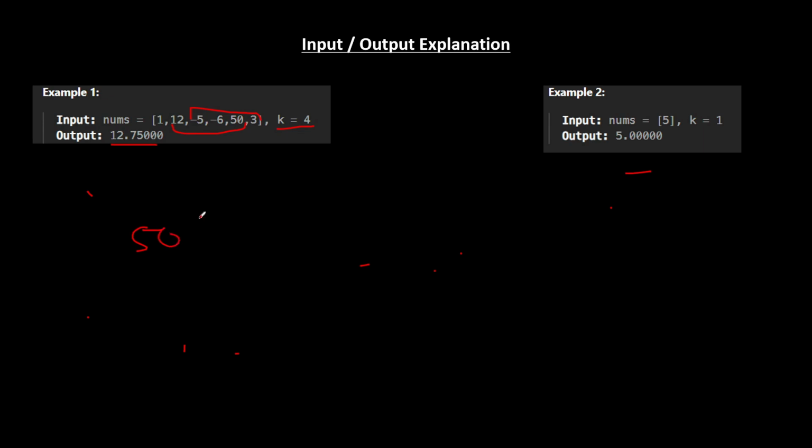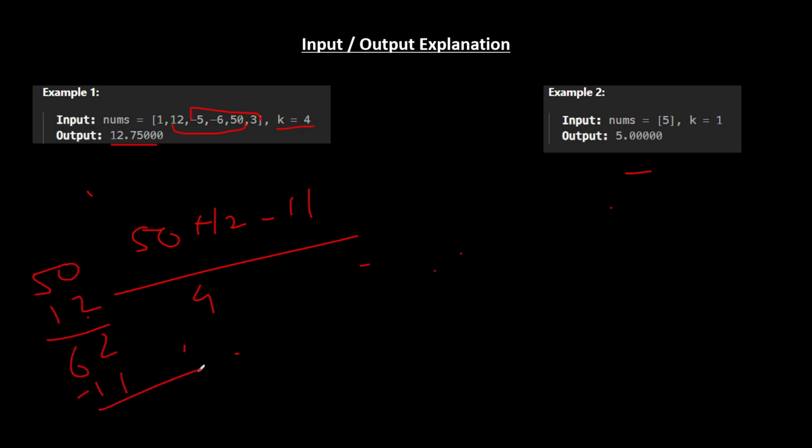So we take 50 plus 12 minus 11, divided by 4. 50 plus 12 gives us 62, minus 11 gives us 51. Okay, 51 divided by 4. We know that 4 into 12 is 48: 4 into 2 gives us 8, 4 into 1 gives us 4, adding 40 gives us 48.